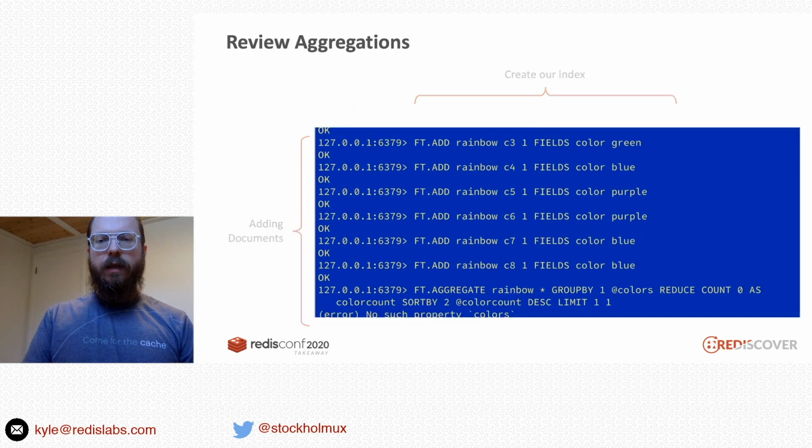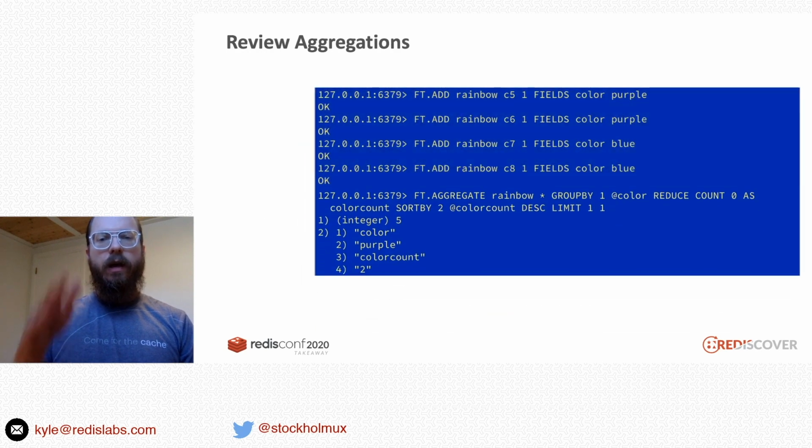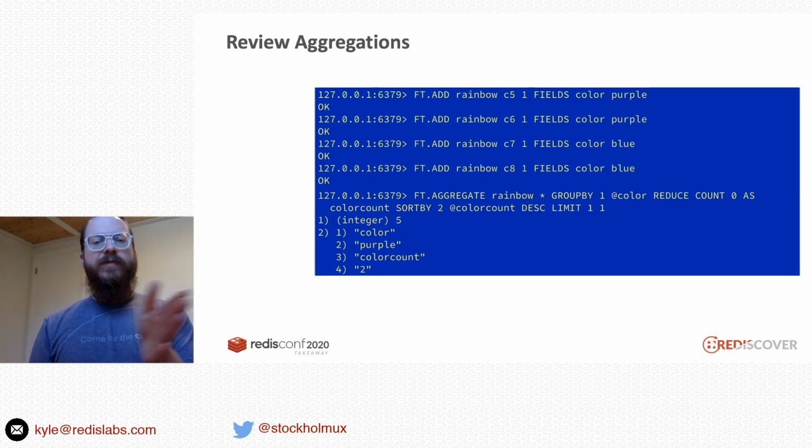And then we're going to do an aggregation here. The aggregation is going to be aggregate rainbow star group by color. We're grouping by color, so that's going to give us a count of how many of each color. We're going to reduce count by 0 as color count, so that's basically adding a pseudo field here.